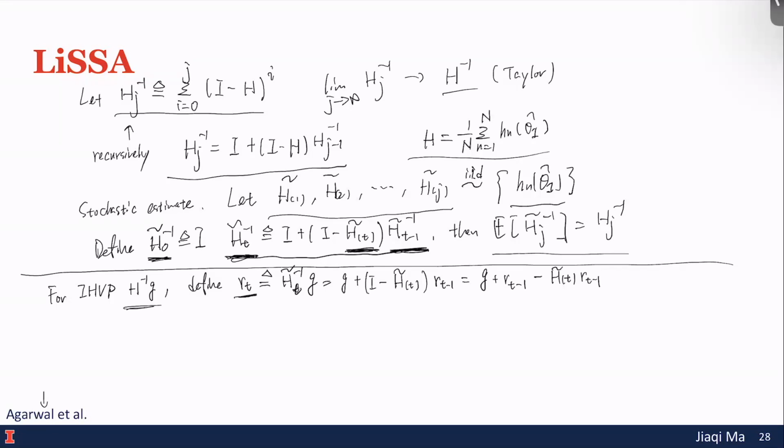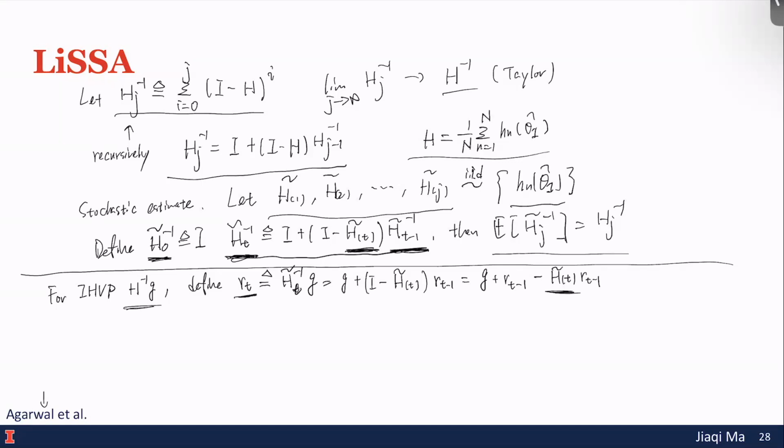For this recursive definition, one benefit is that we don't really need to calculate each of these Hessian matrices. Although this is just for one data point, calculating the Hessian matrix is still computationally expensive because it's a D by D matrix.